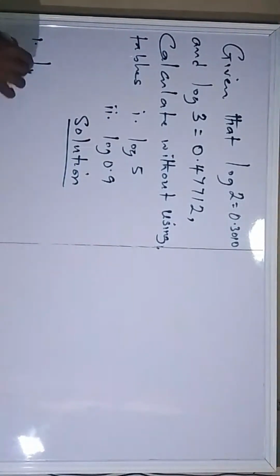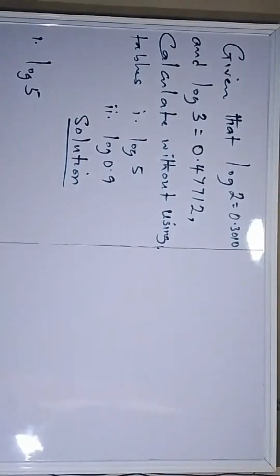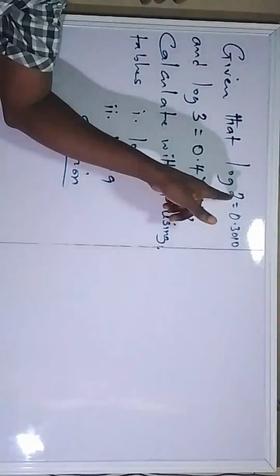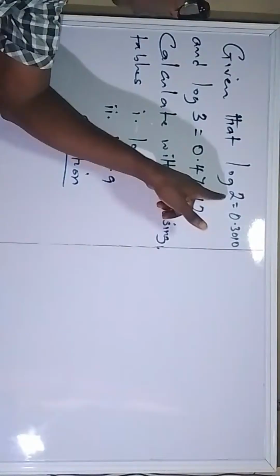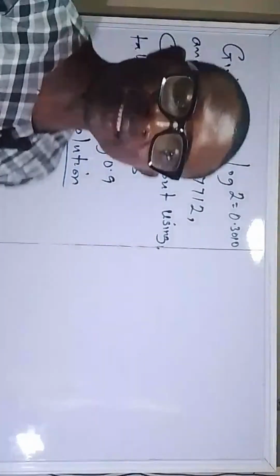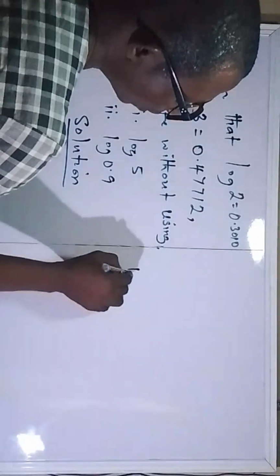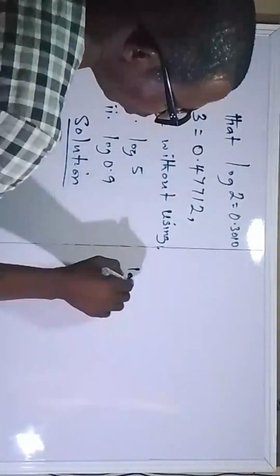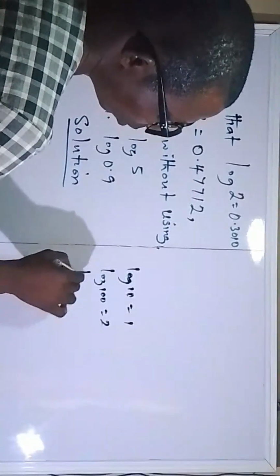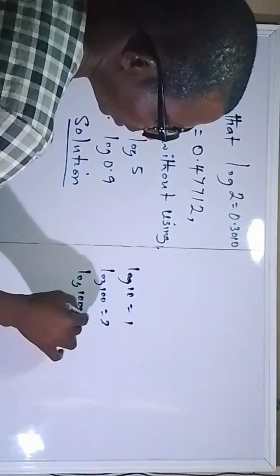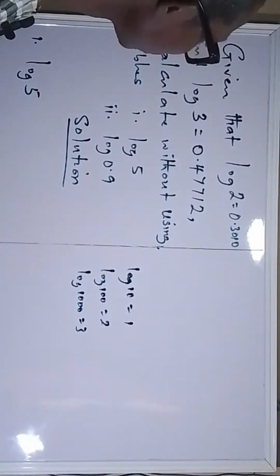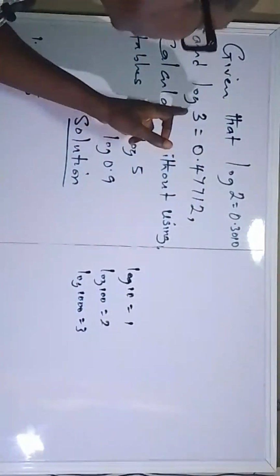When you are given this type of problem, you are expected to express this 5 in terms of what is given, in terms of 2 or 3 or 10 or 100 or 1000, because we know that log of 10 is straightforward. Log of 10 is 1, log of 100 is 2, log of 1000 is 3. So you can express this 5 in terms of these, or in terms of 2 and 3.